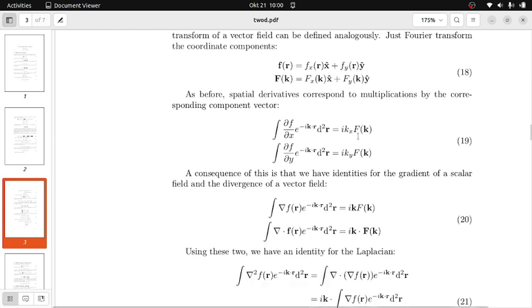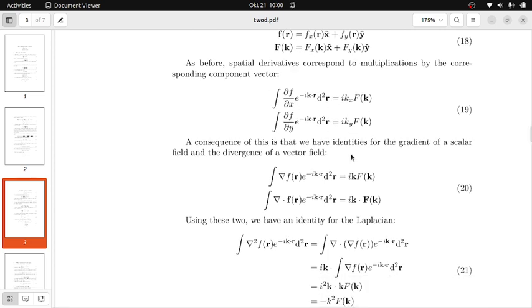Because this exists for the derivatives, we have identities for the gradient and the divergence of a vector field. The Fourier transform of the gradient is just i times the vector k times the scalar field F, and the Fourier transform of the divergence is just i k, the scalar product with the Fourier transform of the vector field, right?